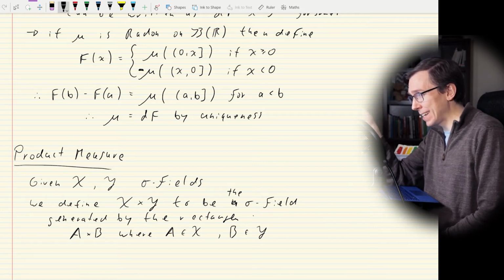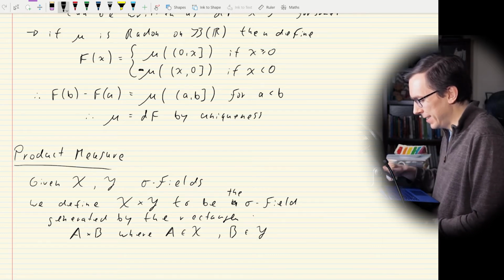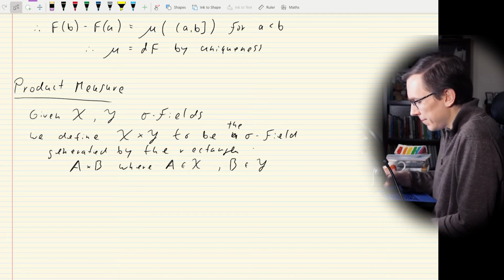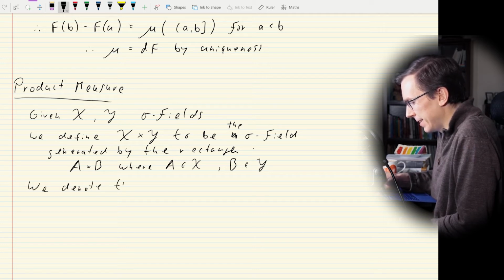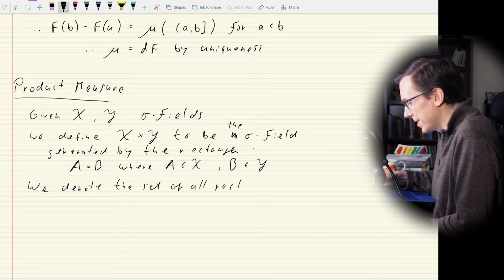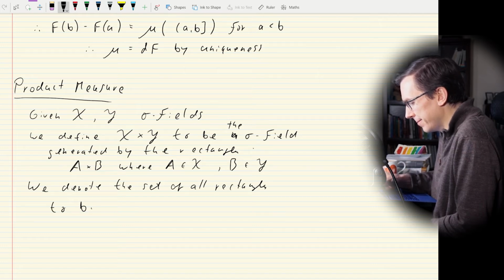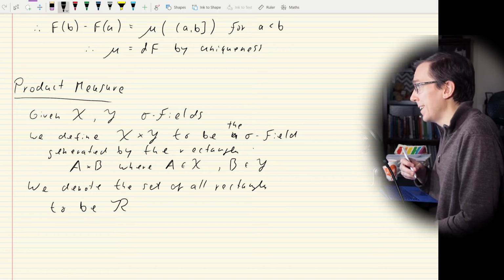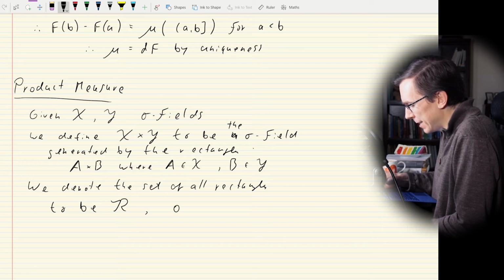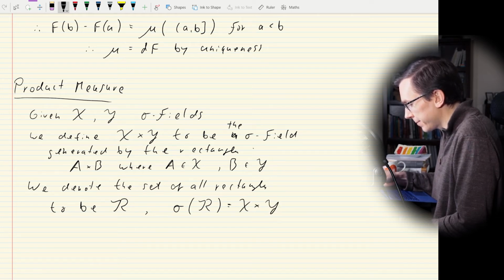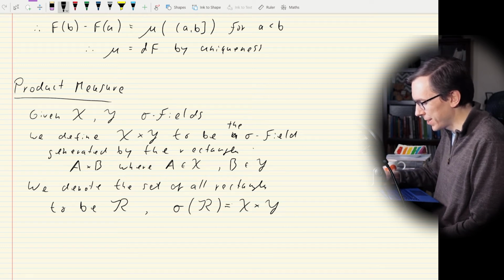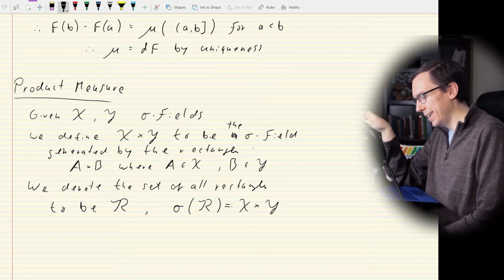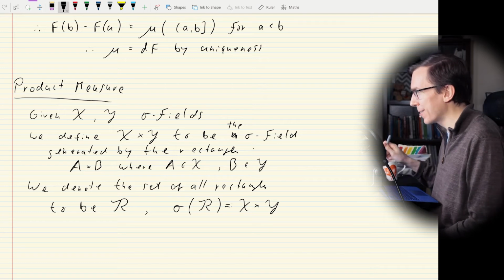And if I take the set of all these rectangles, I can use that to generate the product sigma field, X cross Y. We denote the set of all rectangles to be script R. The sigma field generated by script R is going to be denoted as X cross Y. We're defining X cross Y to be the sigma field generated by the rectangles, not the other way around.